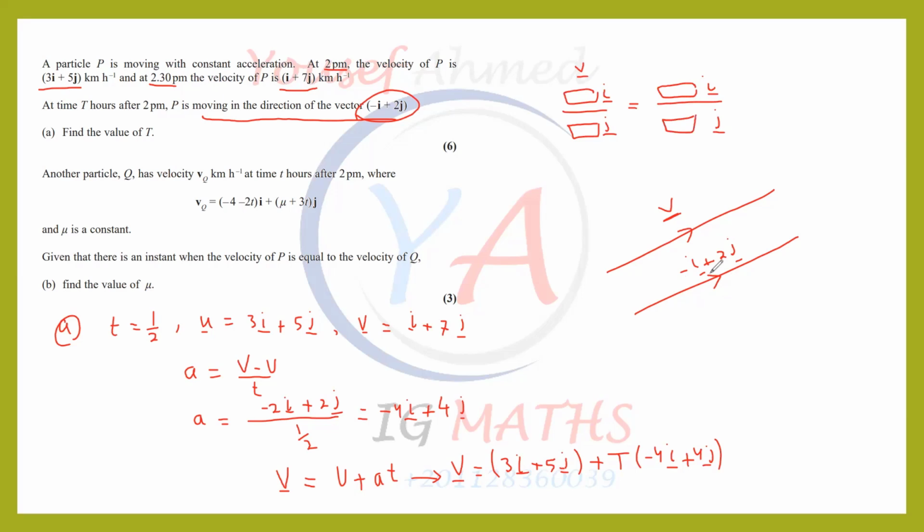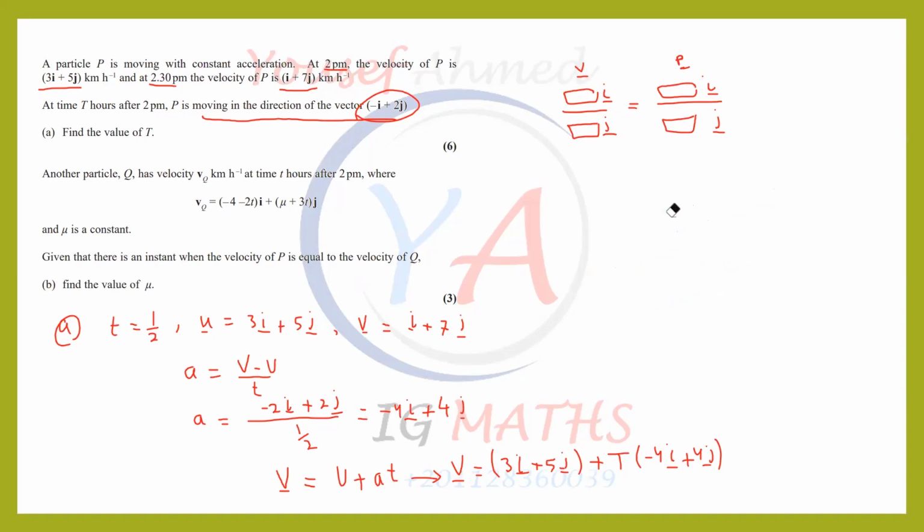This new vector is the one that v is moving in the direction of. So whenever you are working with two parallel vectors and there is an unknown, you write i component over j component equal to i component over j component, then cross multiply and work out the missing value. So let's apply this here.